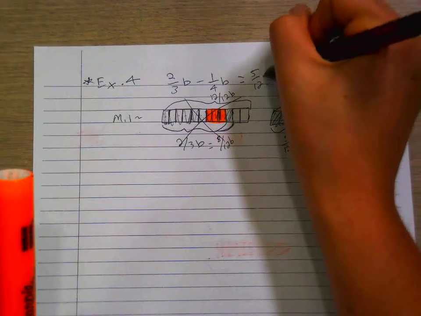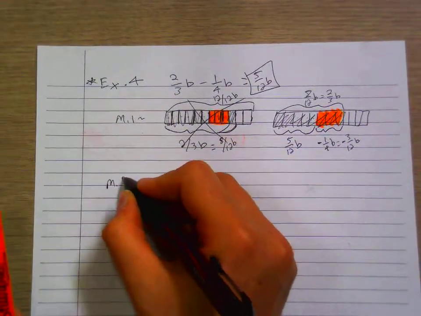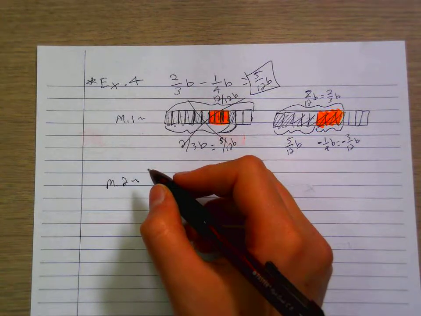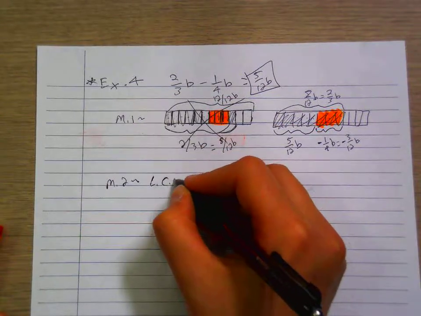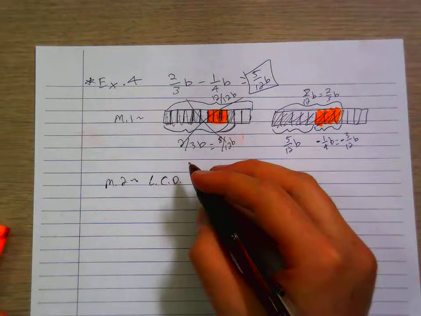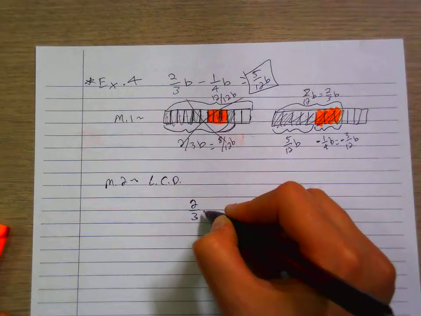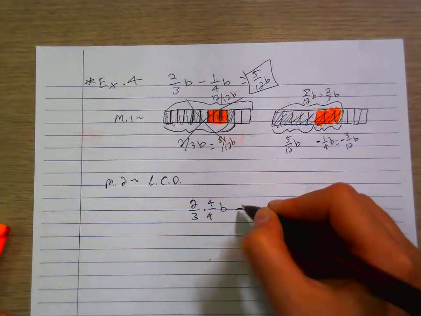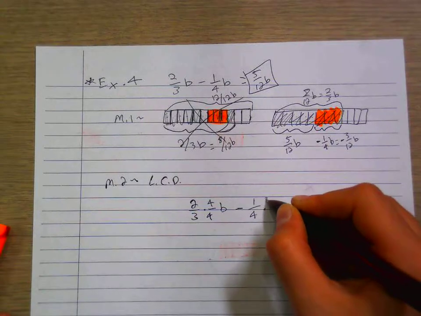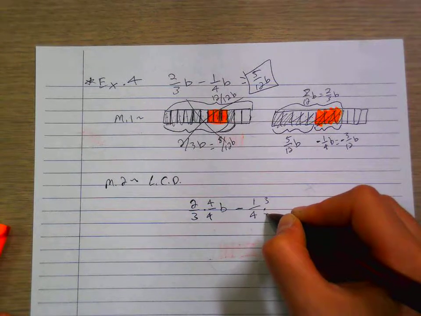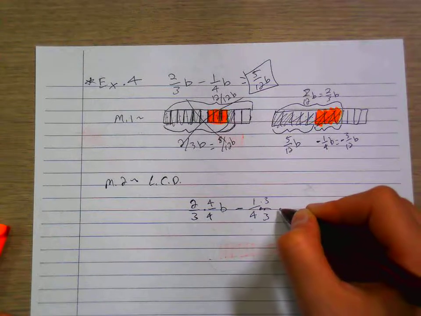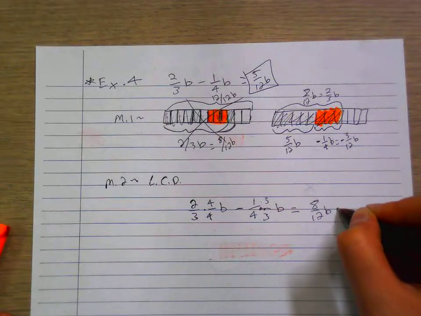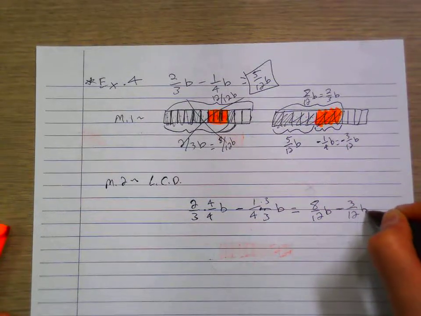Good. Let's try method 2. Method 2 is the fraction model. It says basically the least common denominator, and we can say that 2/3, we're going to multiply it by 4 over 4 to get our least common denominator of 12, b minus 1/4, multiply it by 3 over 3, that whole thing, b, is going to equal 8/12 b minus 3/12 b equals 5/12 b.